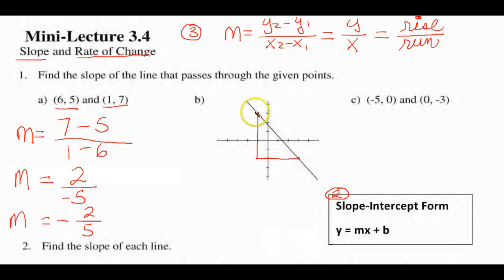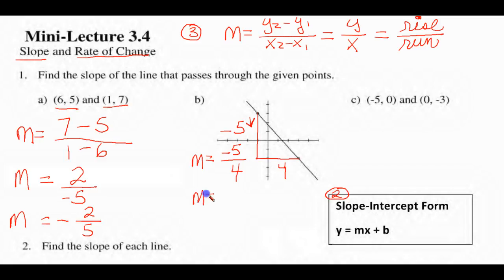Well, we're going to start here, and we're going to go down in a negative direction. So 1, 2, 3, 4, 5. So this would be like a negative 5 going down this direction. And then now we're going to go in a positive direction. 1, 2, 3, 4. So we can then write this. Our slope is a negative 5 over 4.